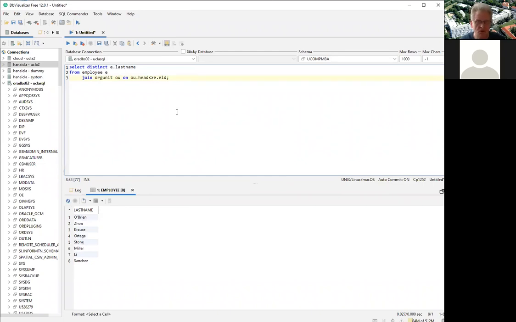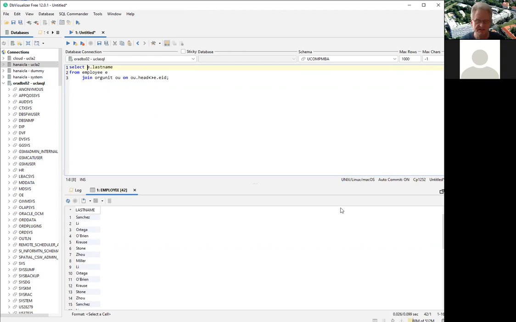And what we see here is, oh, sorry, why do we only see 8 here? It is because of the distinct. So let's remove the distinct here first of all. And then you see 42 records here.